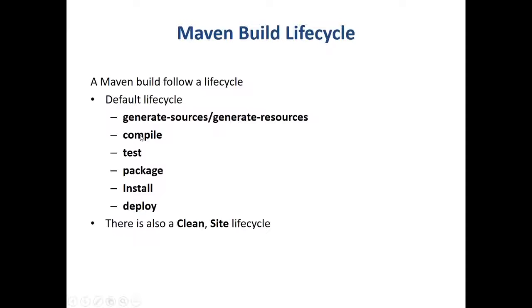That is why we use phase. If I say phase as package, whenever you run Maven package, after completing the package step, it is going to automatically call the plugin in which you have given the phase as package.